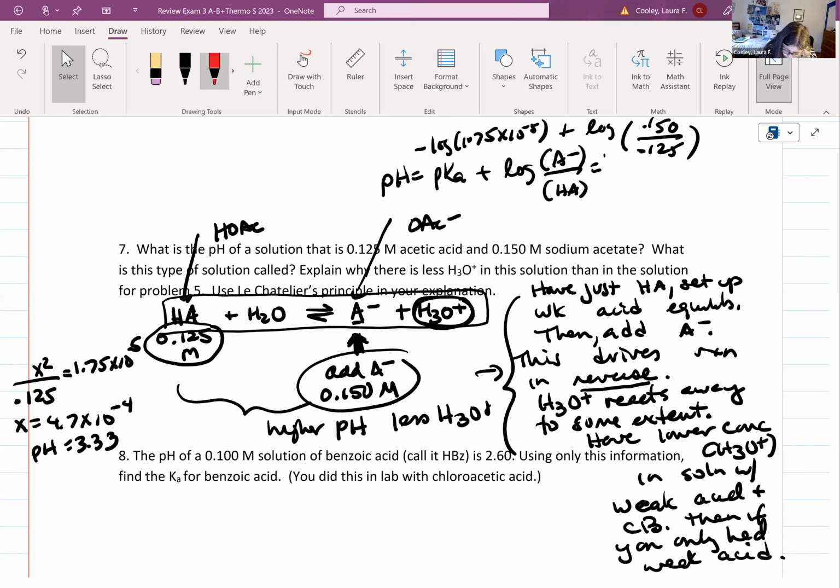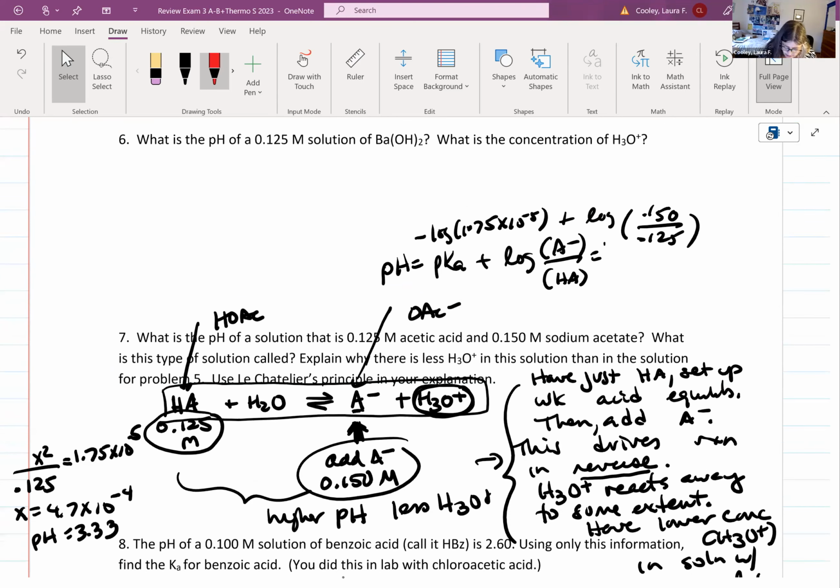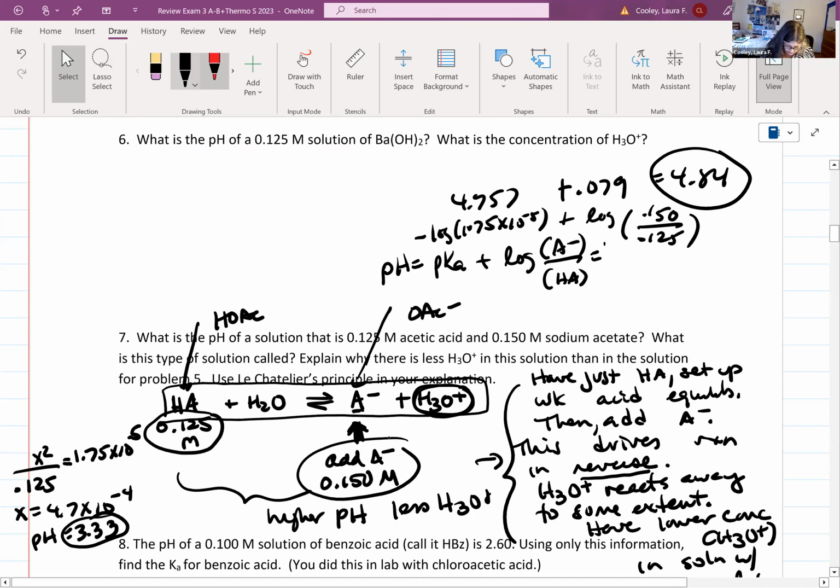So it comes out to 4.757, I think, plus 0.079. No, it should be plus 0.079. 4.84. So it went from 3.33 to 4.84 by adding the acetate, driving the equilibrium in reverse.